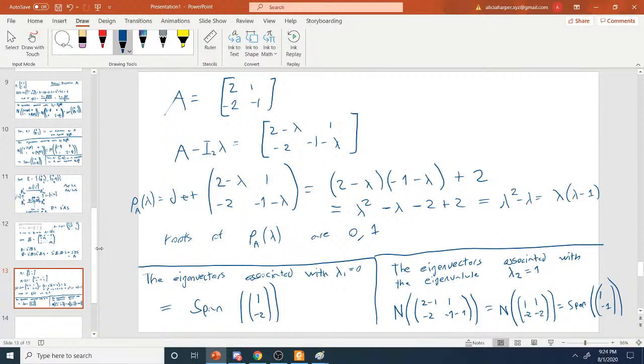Okay, so I have found the eigenvectors associated with the eigenvalues.